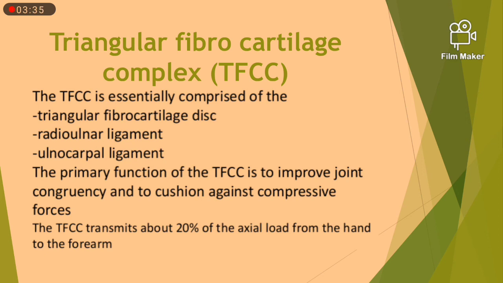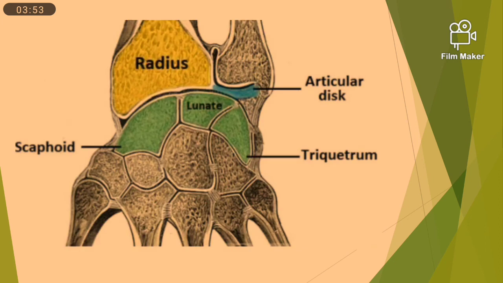The primary function of the TFCC is to improve joint congruency and to cushion against compressive force. The TFCC transmits about 20% of the axial load from the hand to the forearm. In this diagram you can see 80% of the weight goes directly towards the radius, but only 20% is transmitted by the TFCC.